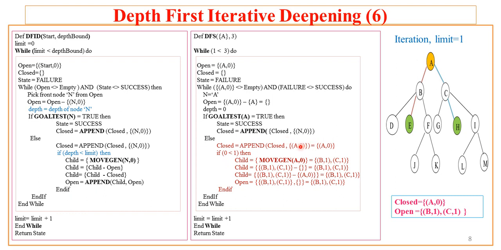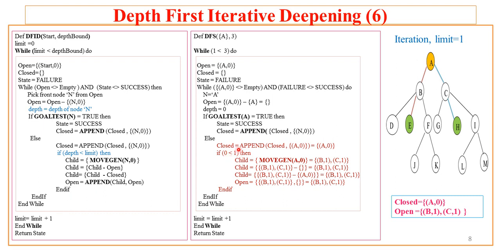It appends the current node to the close. Close is initially empty, and if A is appended, so close has now A. Now depth of A is 0 and limit is 1, because we have provided now the updated limit value to the algorithm. So here limit is 1 and depth is 0. Is this true? Yes.